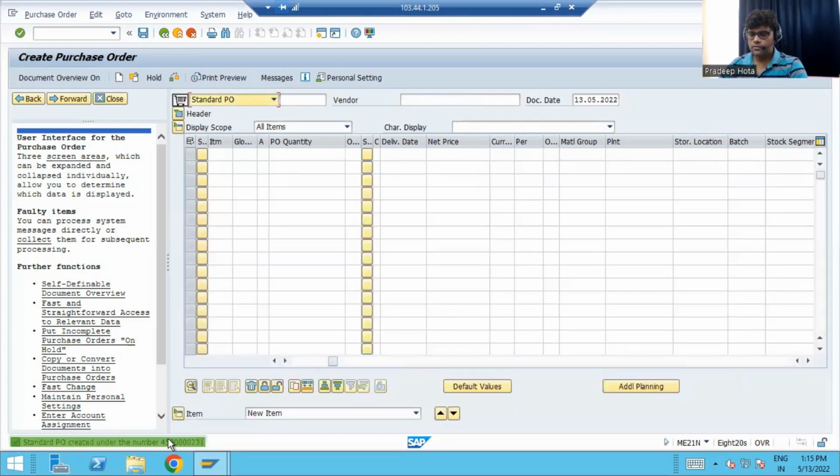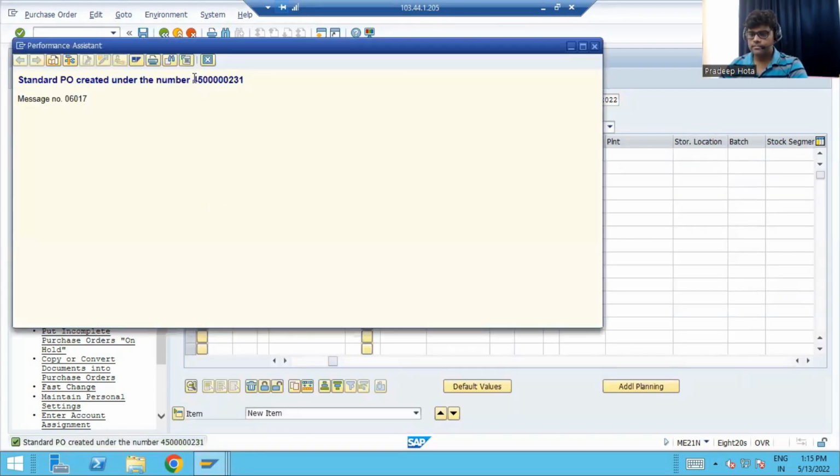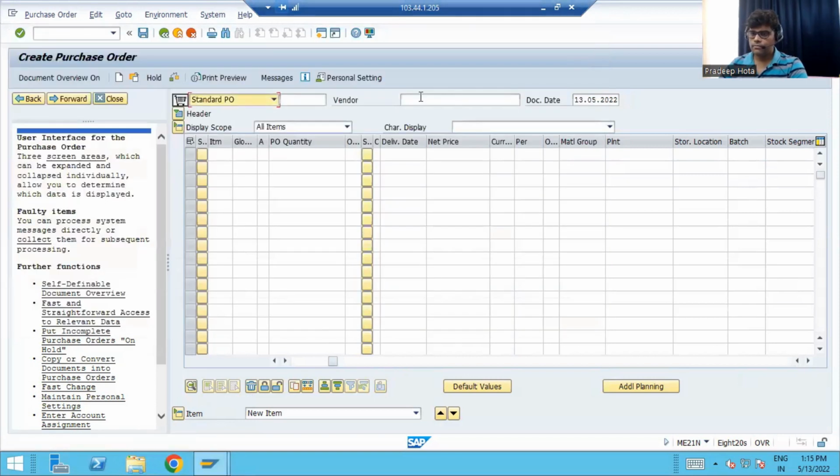PO created, let's note it. Now I'm going to process not MIGO, not GR. Directly we are going to process the invoice.